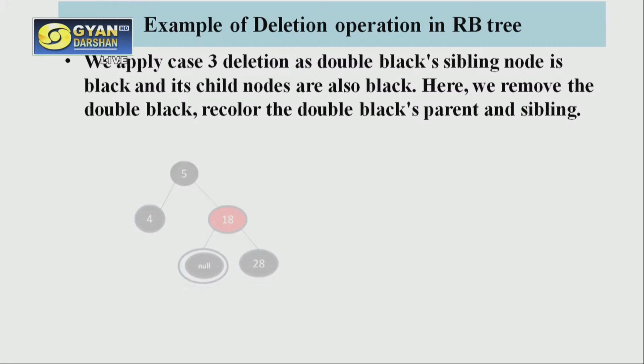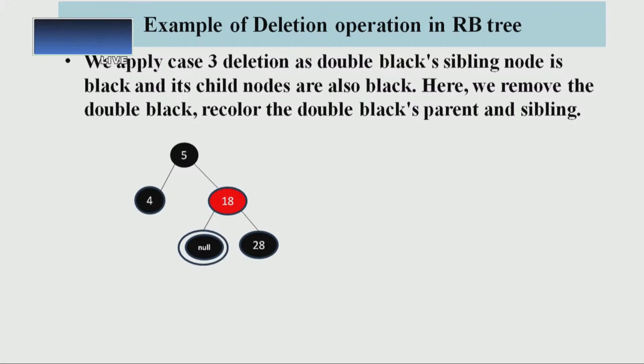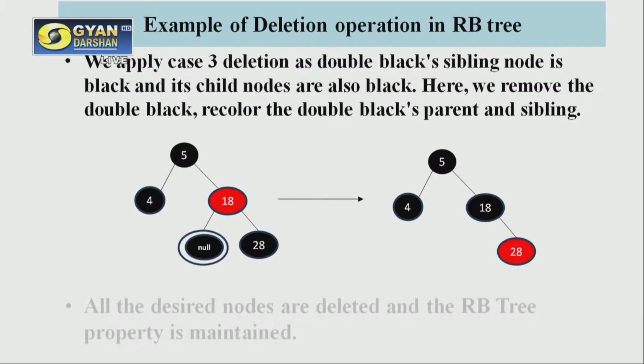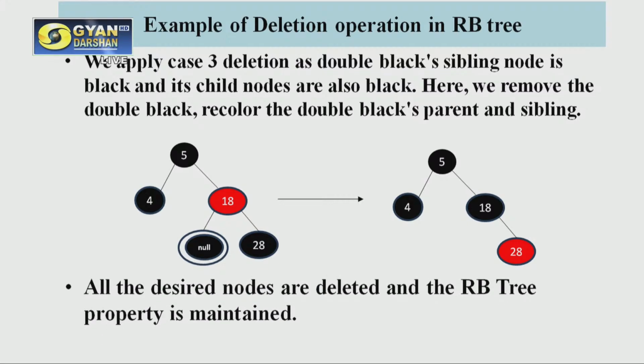The double black's parent is 18, which is red, and the double black's sibling is 28. So we swap the color: 18 becomes black and 28 becomes red. After this, we get the tree shown on the right side of this slide. So we can see that it is a proper red black tree. It satisfies all the properties of the red black tree.